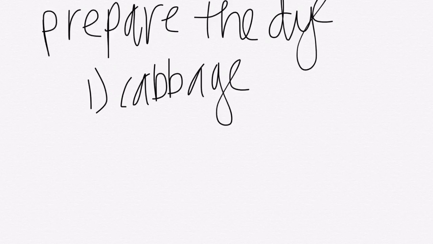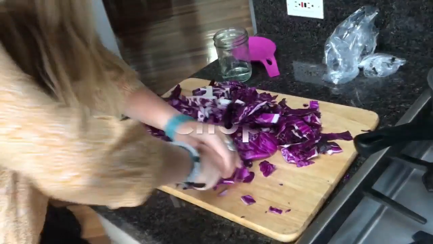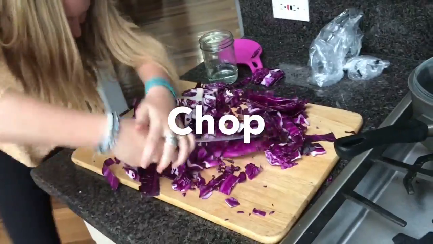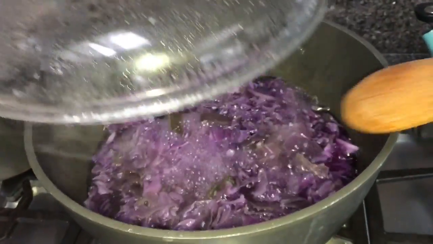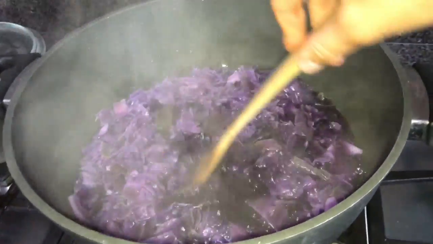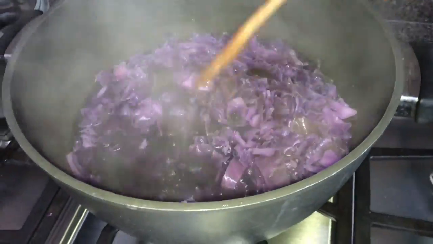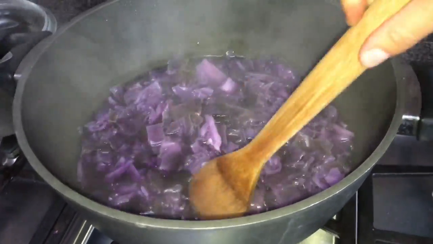After soaking the fabric, you must prepare the dyes that you're going to use. The first thing I'm going to do is dye the fabric with cabbage. Add water to the cabbage and then boil for 45 minutes, stirring frequently.